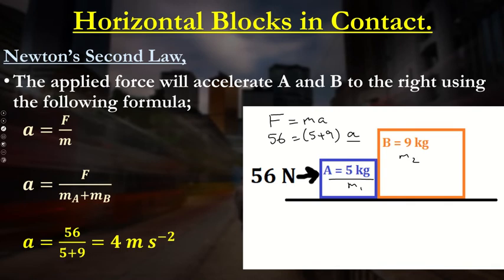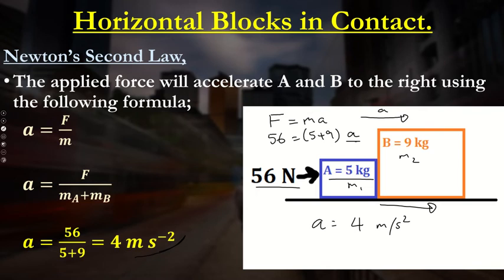From that, we should be able to find the acceleration that these two blocks will have when I'm applying this 56 newtons of force. Using the formula, the acceleration is going to be 4 meters per second squared to the right-hand side. So that's the acceleration of my two blocks, okay?